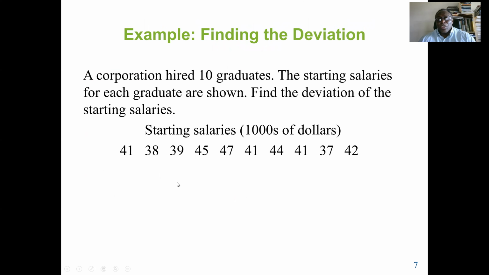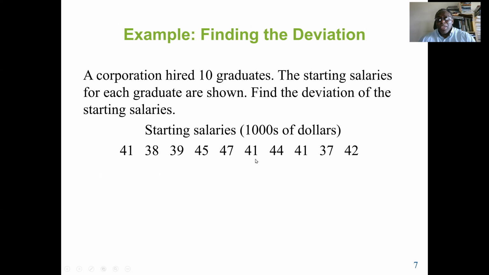So an example is given here, the same 10 graduates and their starting salaries. The question says we should find the deviation of the starting salaries. Deviation of the starting salary means that if there are 10 salaries, we're going to find 10 deviation values.